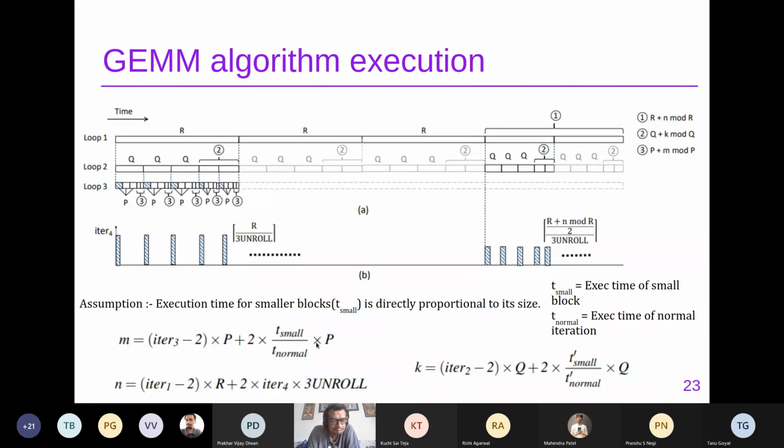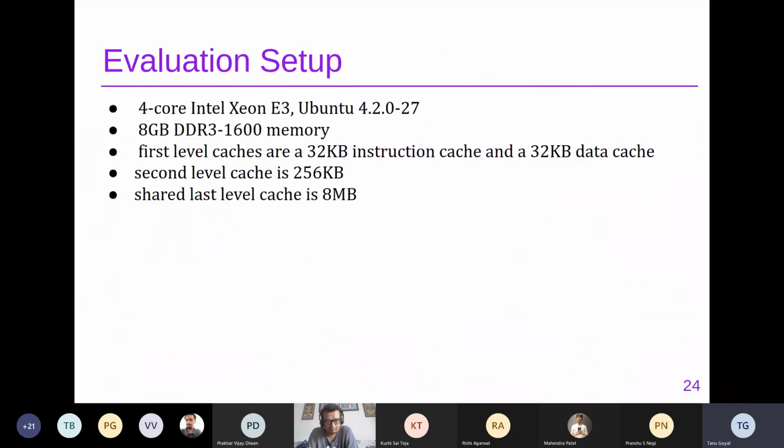For the last iteration, they take the execution time of the last iteration divided by the execution time of the normal block, which is the time taken for a p block. To get the time, they probe those instructions which you have seen previously. That's how they get the matrix dimension m. Similarly, for loop 2, they use the same technique and get k. And using loop 1 data, they get the value n. Once we have these values, we can map them to the DNN architecture, and hence we can retrieve the model.